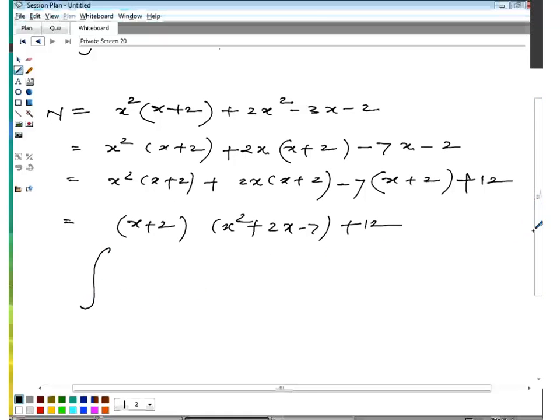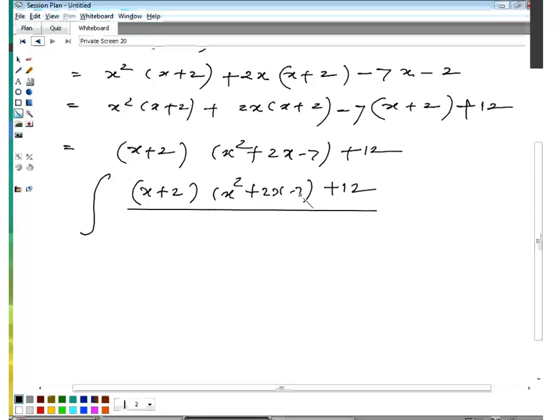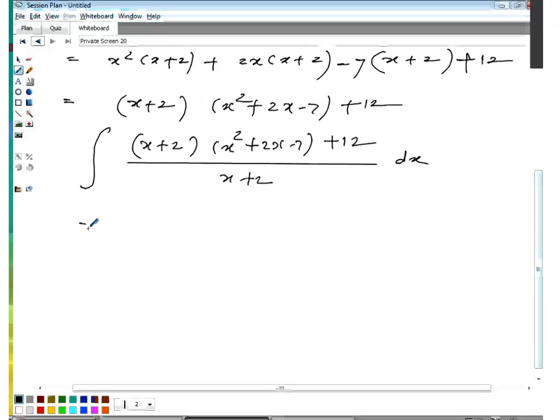So when you have this integral, x plus 2 times x square plus 2x minus 7 plus 12, whole divided by x plus 2, then x plus 2 will cancel, leaving x square plus 2x minus 7 plus 12 upon x plus 2.